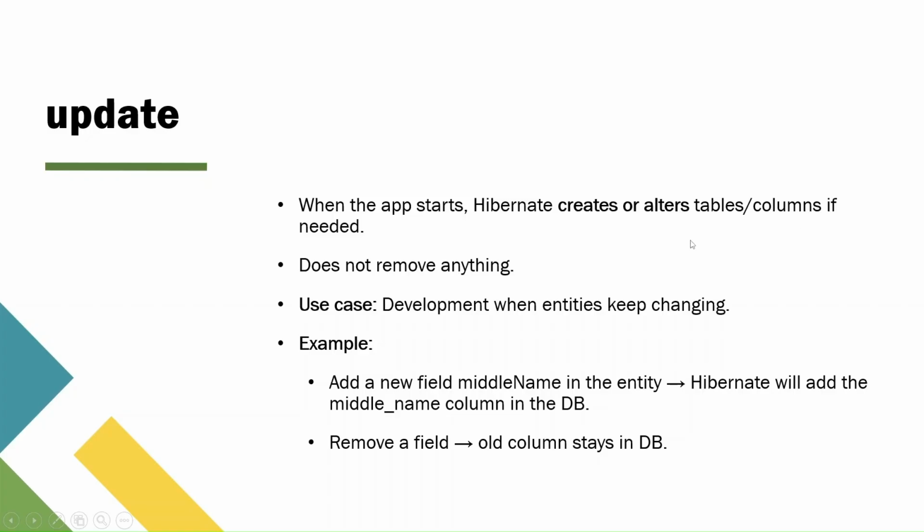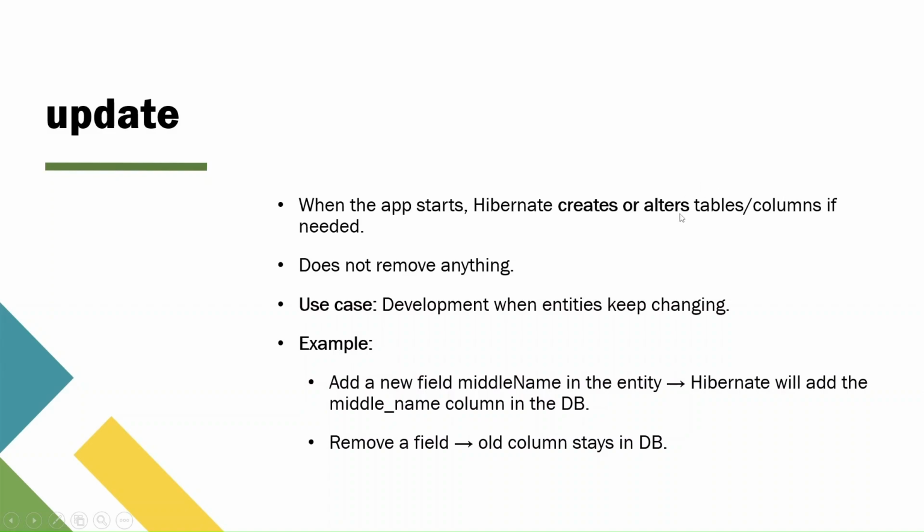So what we have seen so far: we started our application, and in our first case the tables were not available in our database, so Hibernate created them. This part is clear. Now what we need to see is alter tables and alter columns.